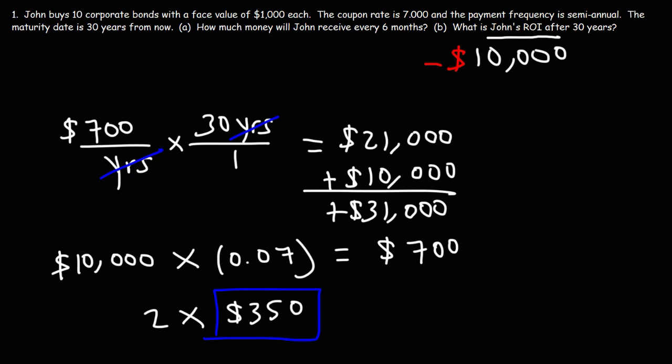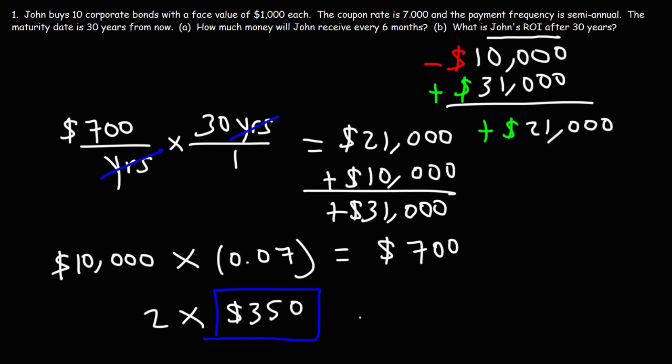So now let's calculate the net gain. So his bank account decreased by $10,000 when he first invested in this bond, but over 30 years it's going to increase by $31,000. So his net gain in this case is basically the interest payments that he received, which is $21,000.